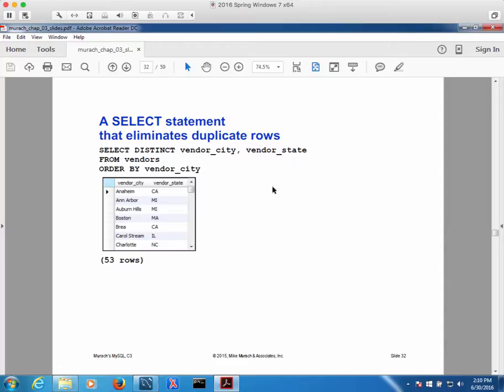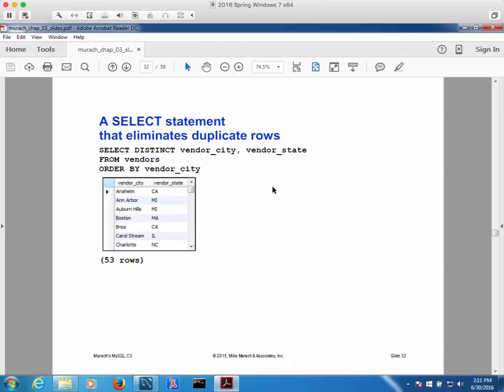Now, if we are listing all of the fields in a table, that's going to include the primary key. The primary key is always unique. So if we were listing all of the columns, then we wouldn't have to eliminate duplicates, because there are no duplicates, because the primary key would be different on every row.